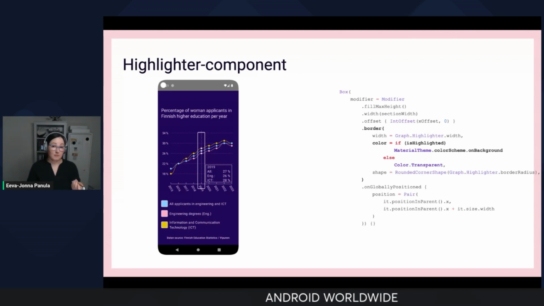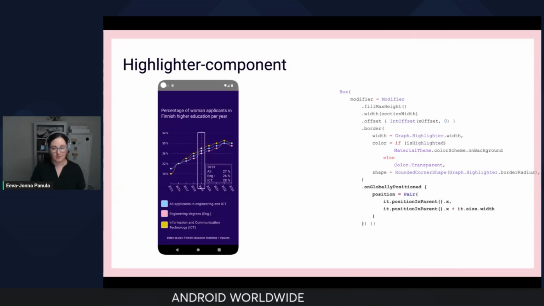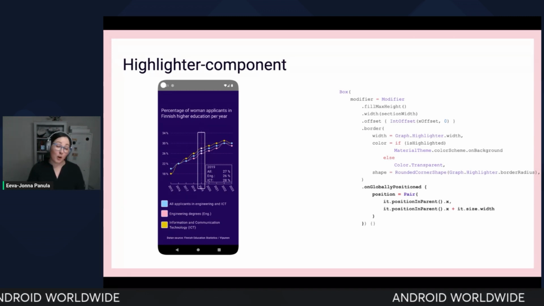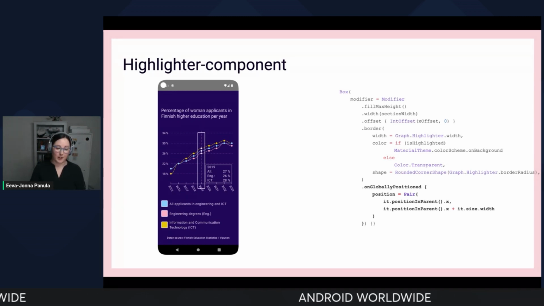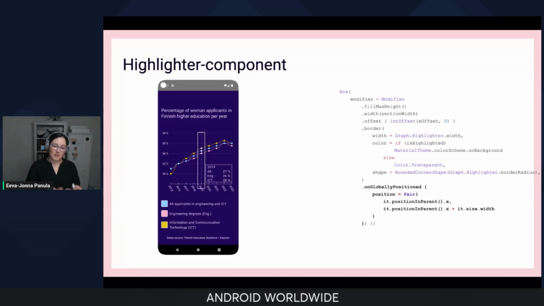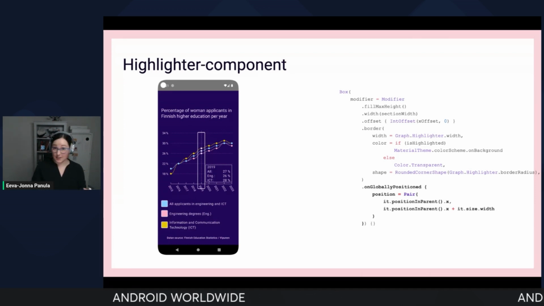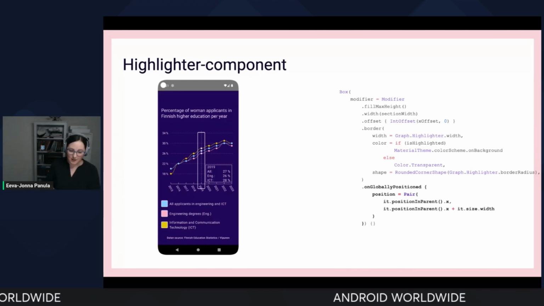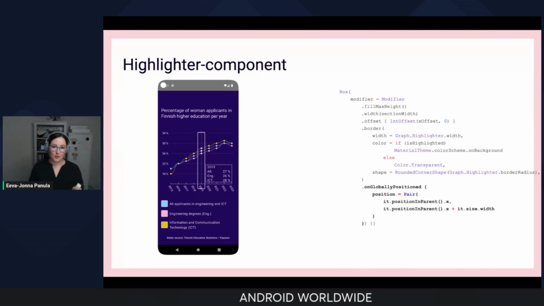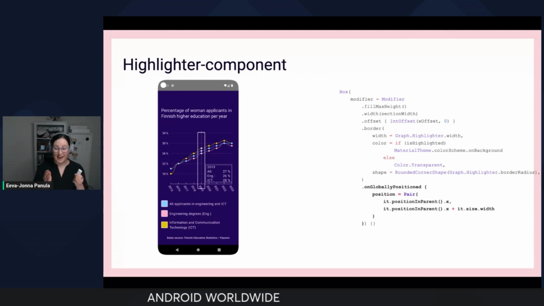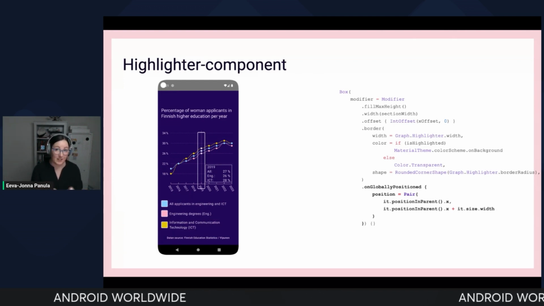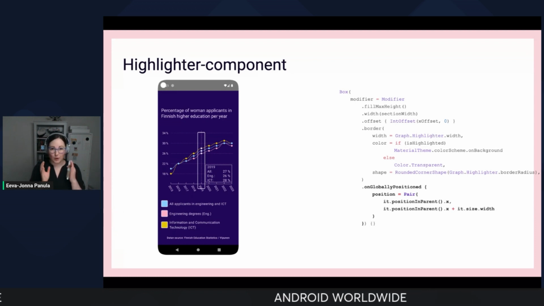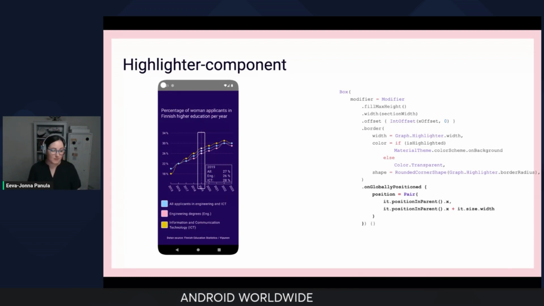Another thing I want to highlight here is the onGloballyPositioned modifier that we are using. This one is called when this element has been globally positioned. And we use that to set the actual values for that position variable or state we defined in the previous slide.